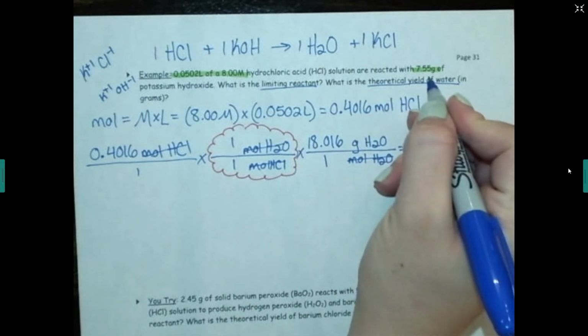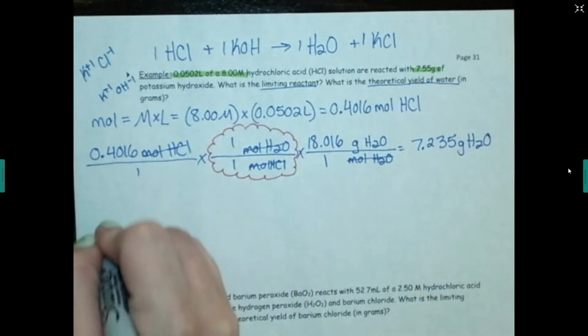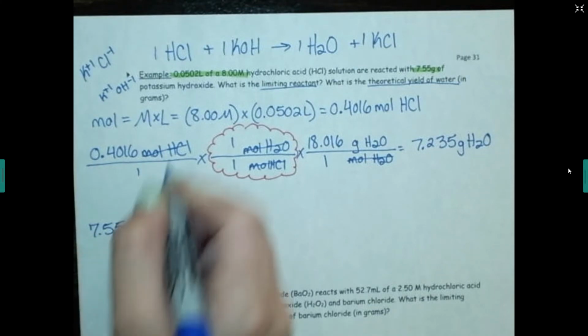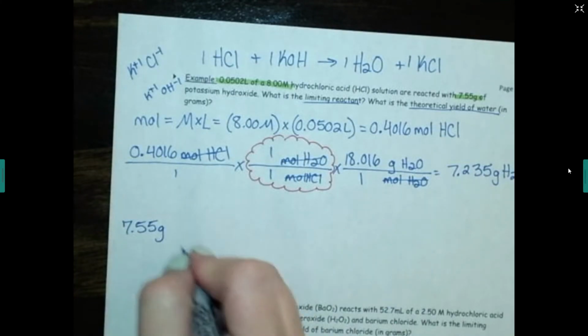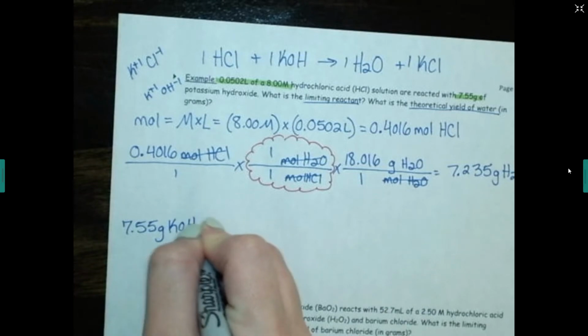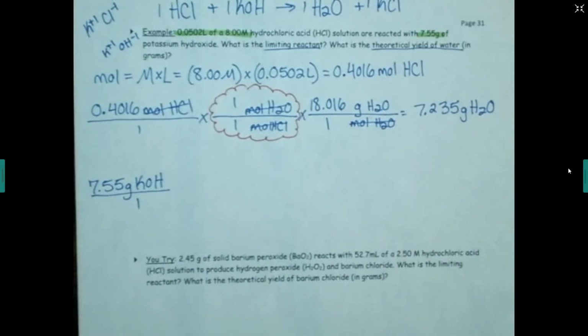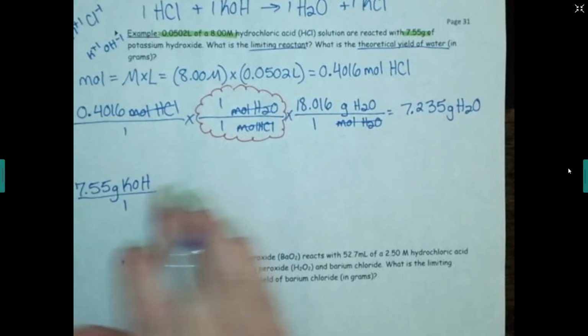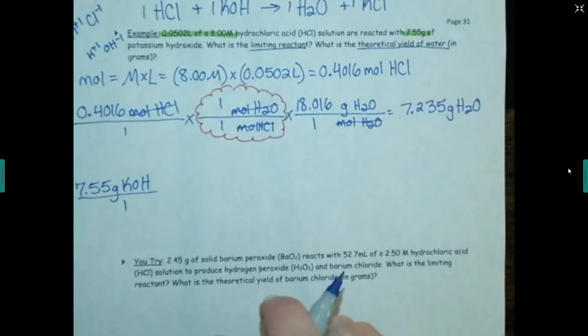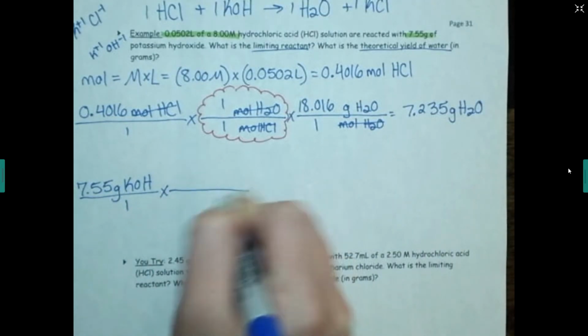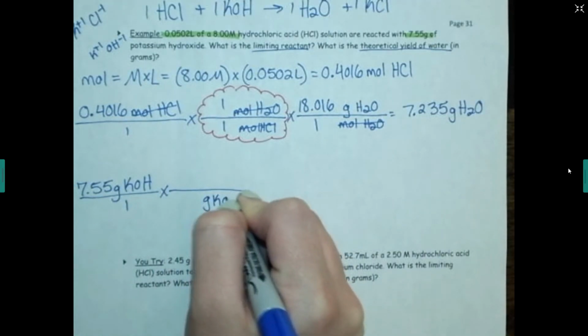Okay, so let's take this. This is the way we've been doing it for a couple weeks now. We take our grams of potassium hydroxide, and we're just going to do a stoichiometry problem where we go from our potassium hydroxide to our grams of water. And then we're going to compare our 2 grams of water to see which one is smaller.